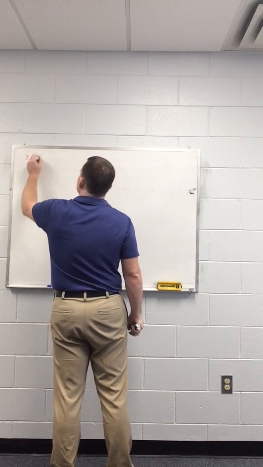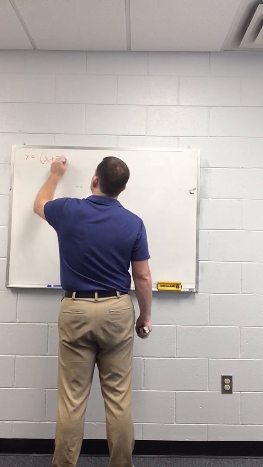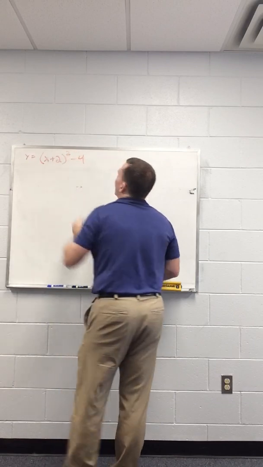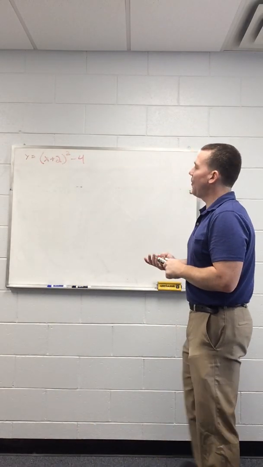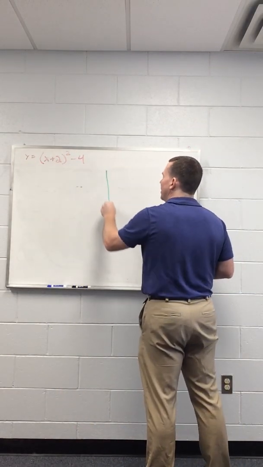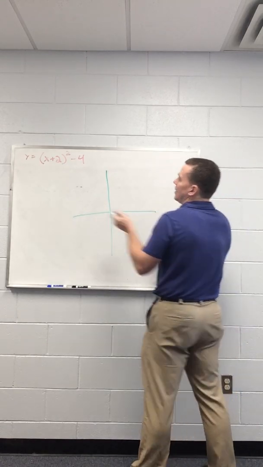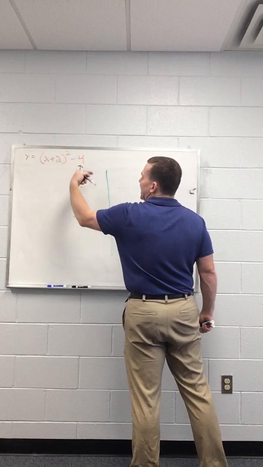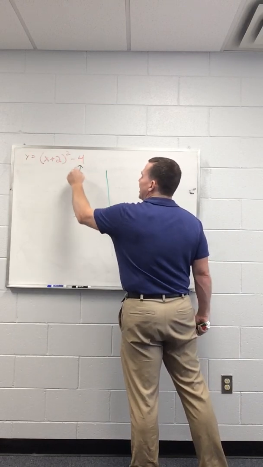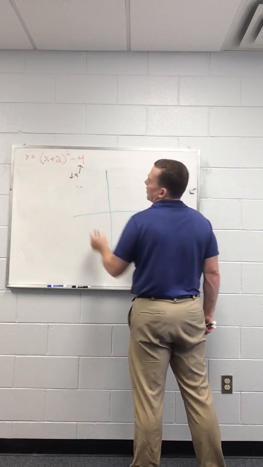Suppose I have y equals (x plus 2) squared minus 4. I want to graph that. Well, all we say is, if I subtract on the outside, that shifts me vertically, so this will go down 4.